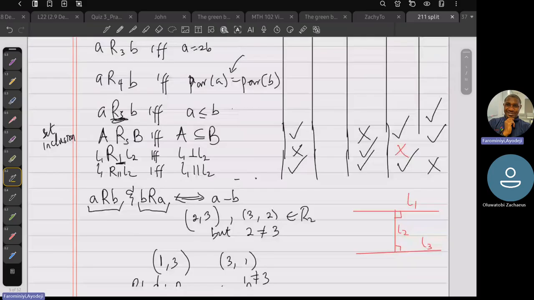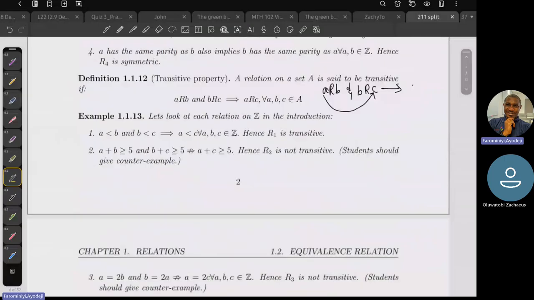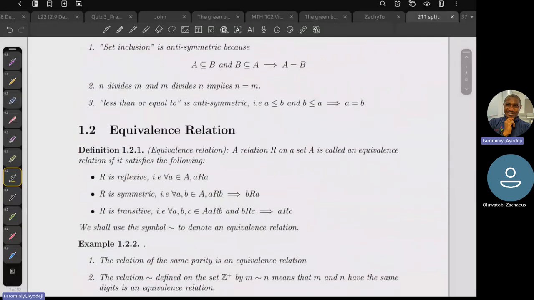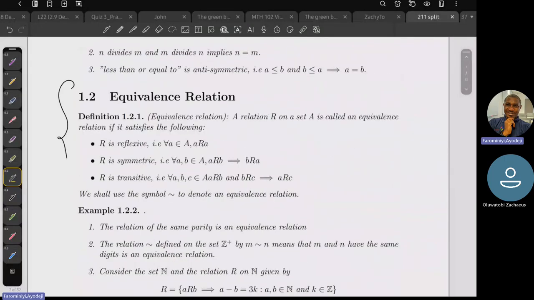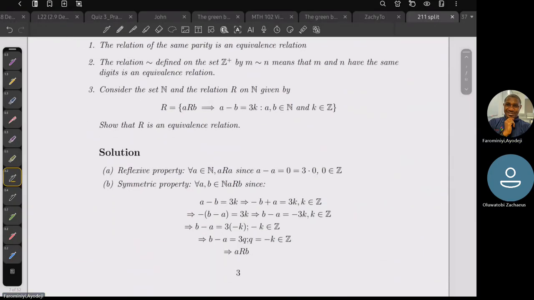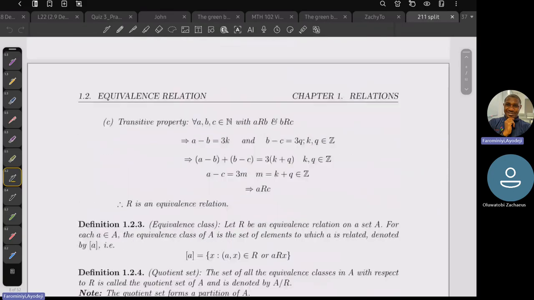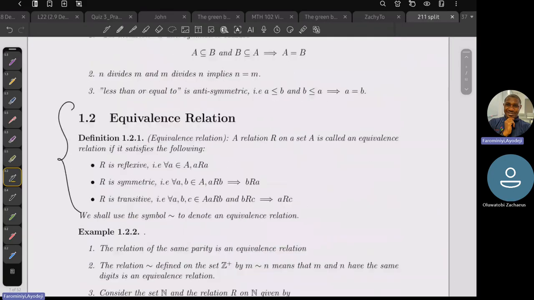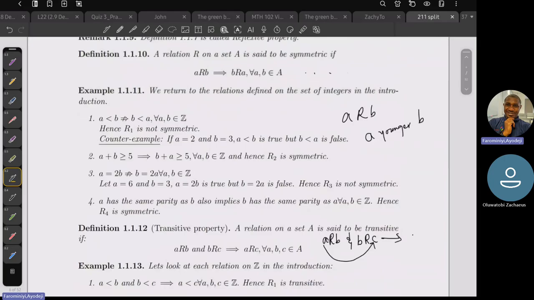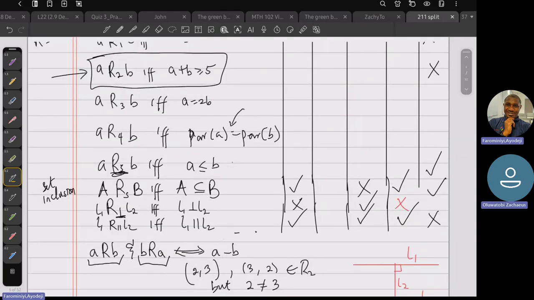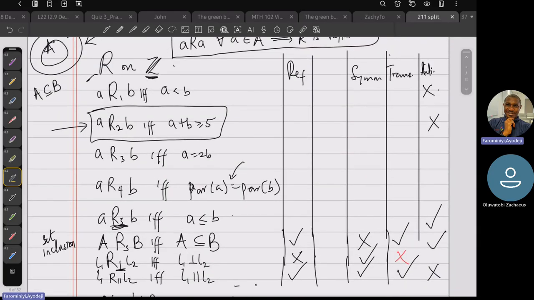So you try your hands on some of the exercises that you already have from here. And the next time we are able to meet, we'll look at this equivalence relation. It's not just numbers, unlike the one we just said on integers.